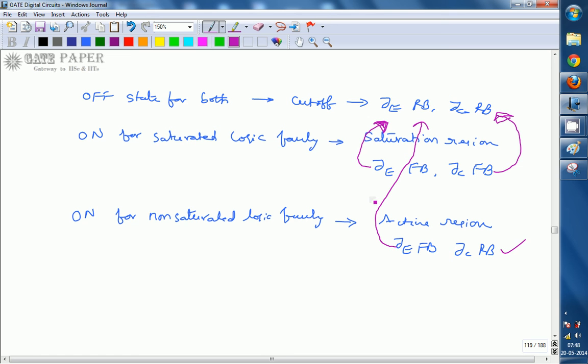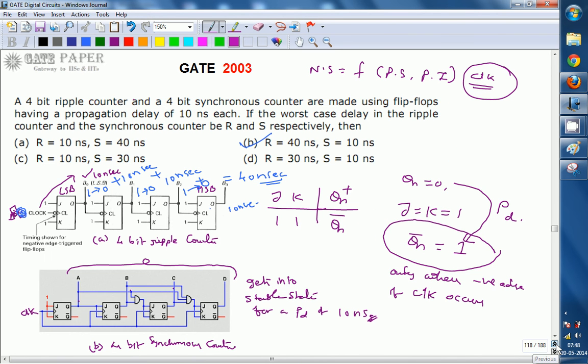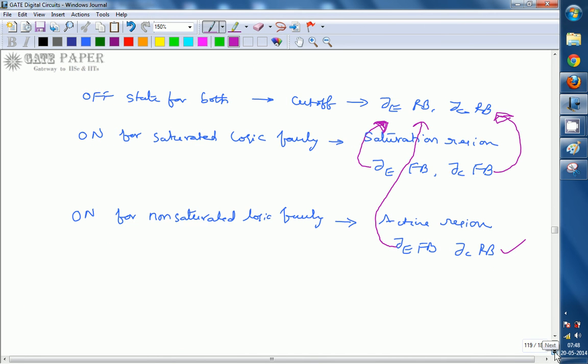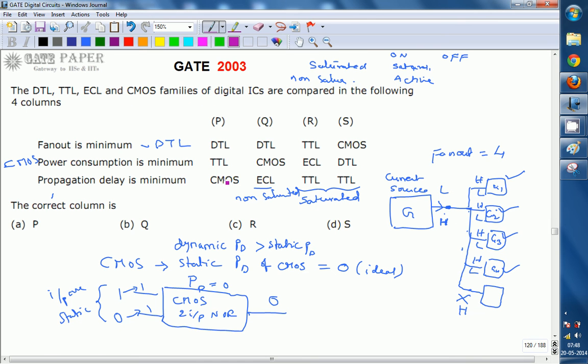In a non-saturated logic family, only one junction has to make the transition, and the other does not need to. So that is very fast compared to a saturated logic family. So ECL is a non-saturated logic family, whereas TTL is a saturated logic family.